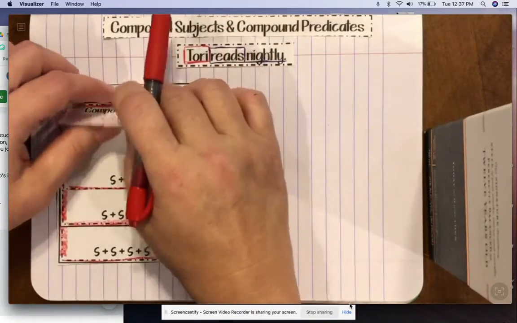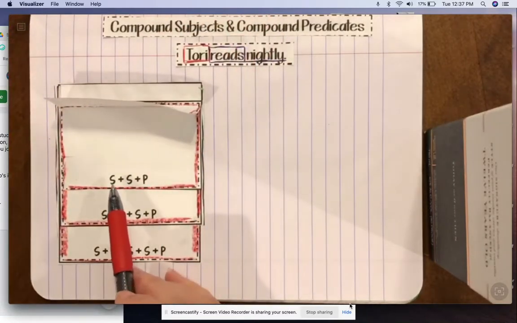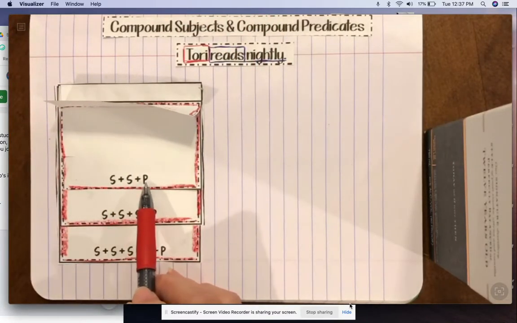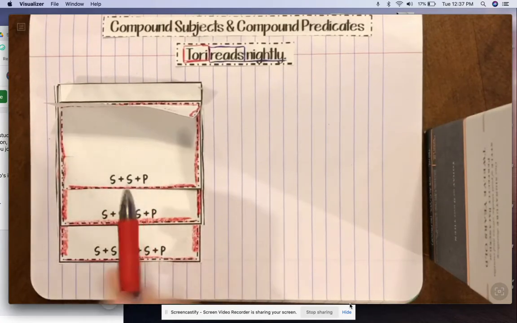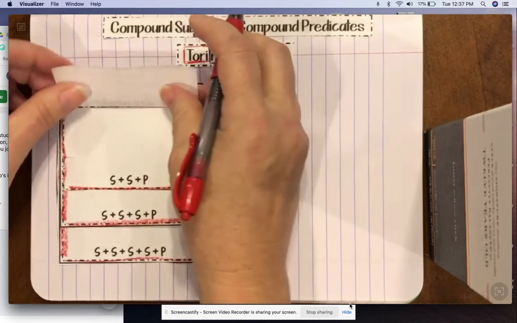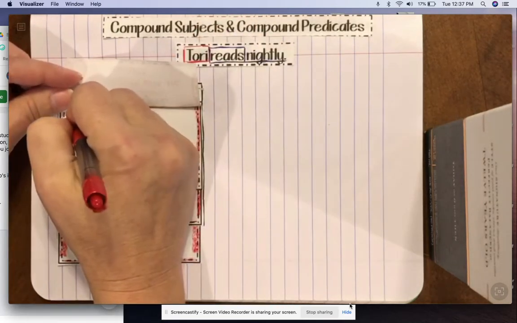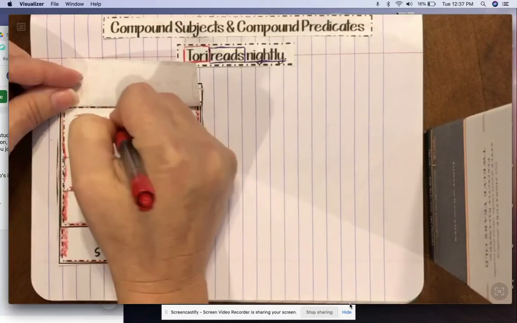We're going to lift this flap and we're going to do an example. On this next one, it says S plus S plus P. That means subject plus predicate. And so we're going to give Tori a friend. And we're going to write up here, Tori and Jen.